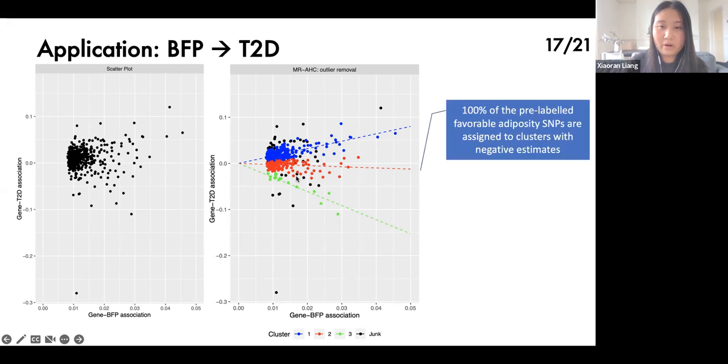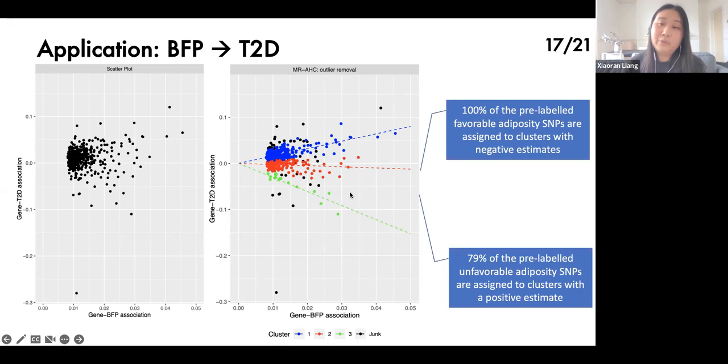Okay, and then we also check the cluster results of those pre-labeled favorable and unfavorable SNPs. For those pre-labeled favorable SNPs, which are supposed to be associated with decreasing risk of type 2 diabetes, all of those SNPs are assigned to the cluster with negative estimates, meaning that they are associated with decreasing risk of type 2 diabetes.